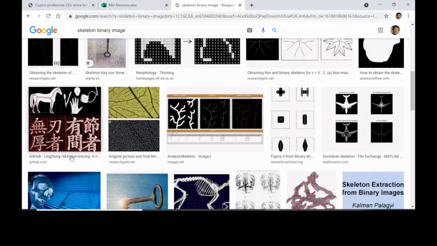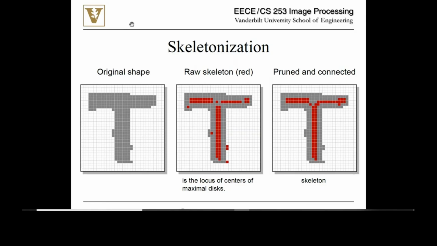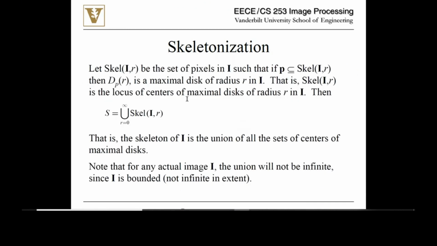For instance, for the recognition of characters, it is very useful. So for handwriting, it's very useful to recognize the skeleton. Okay, so can I use these morphological operators to compute the skeleton?